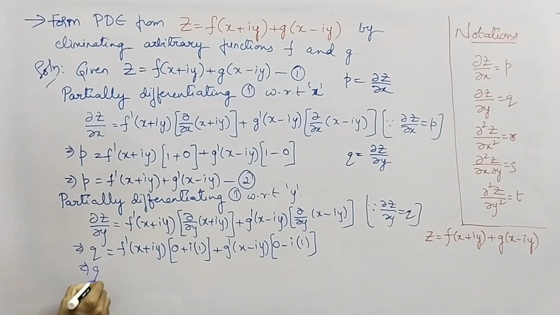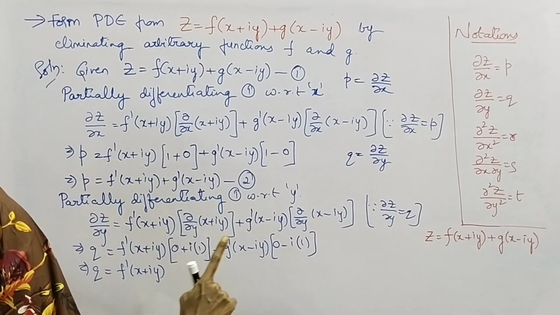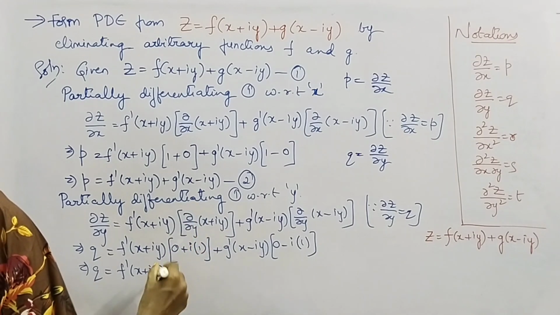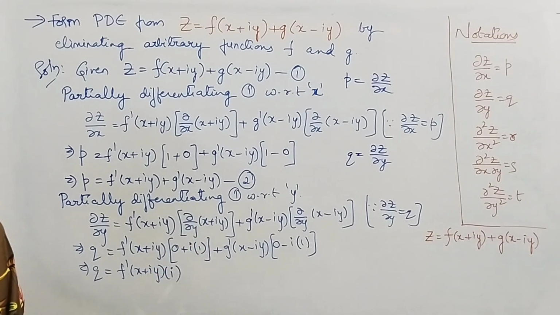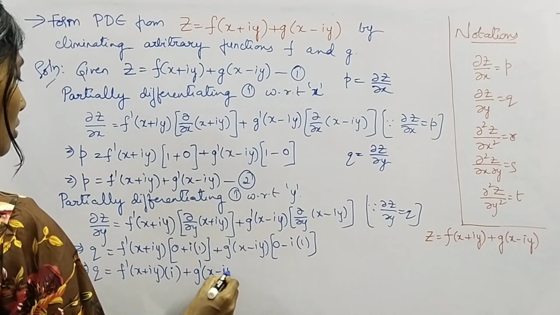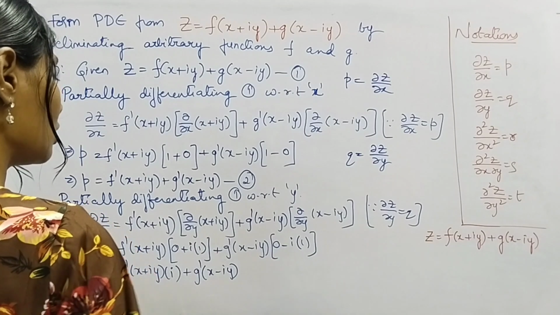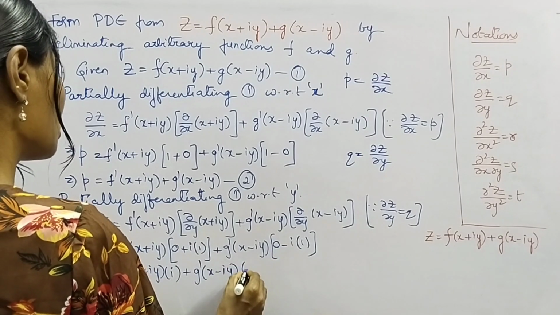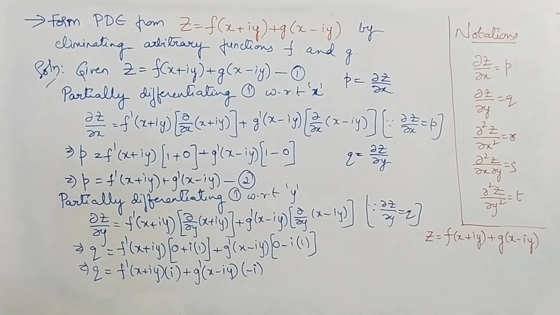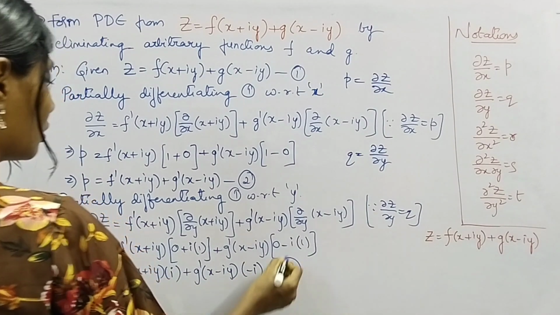This gives us q equal to f dash of x plus iy into I into 1, I plus 0 I, plus g dash of x minus iy into I into 1, I, 0 minus I is minus I, okay? So consider it as equation number 3.